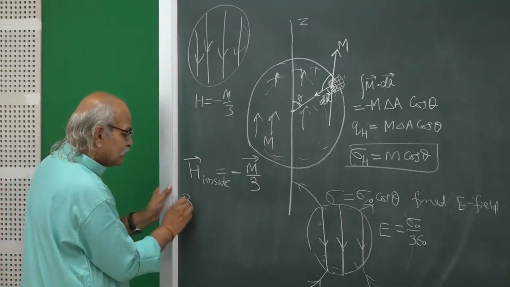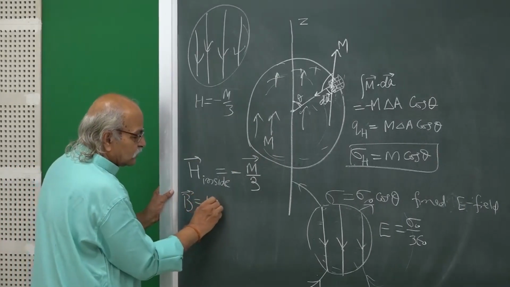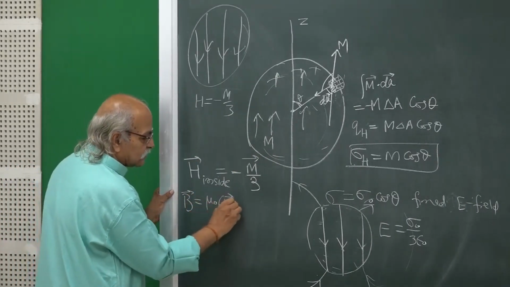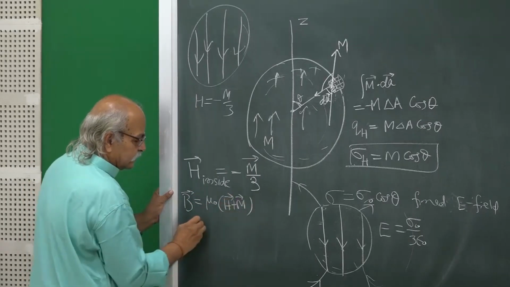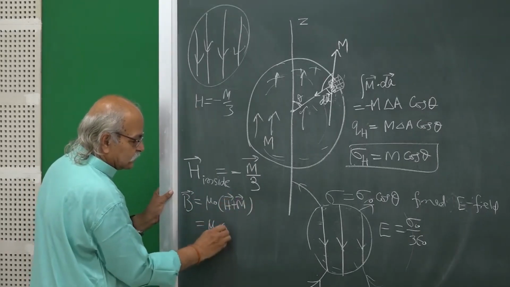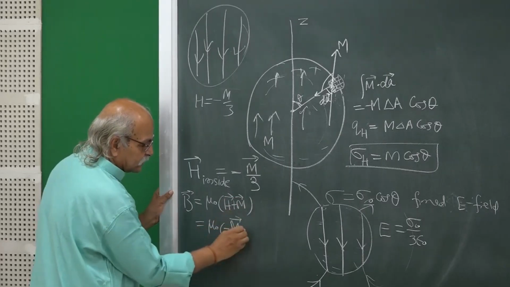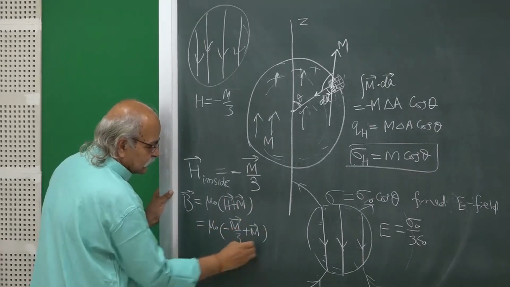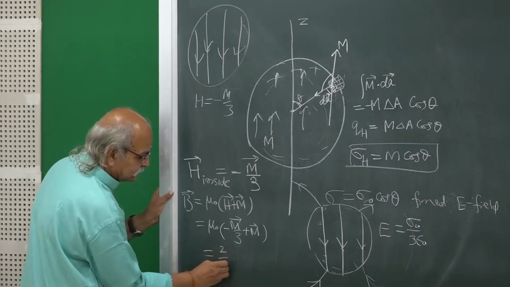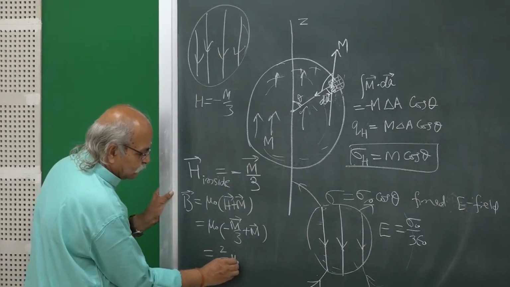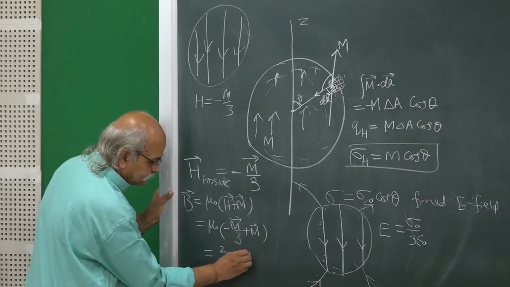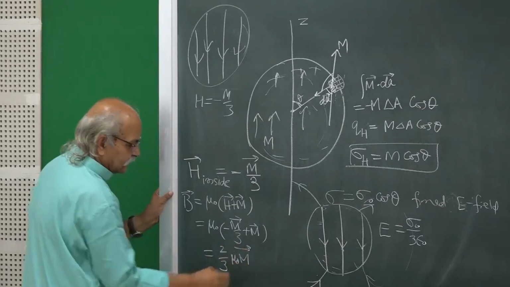And what is B? B is mu naught times H plus M, and H is minus M by 3, plus M. So it is 2 by 3 mu naught M in the positive direction, the M direction.